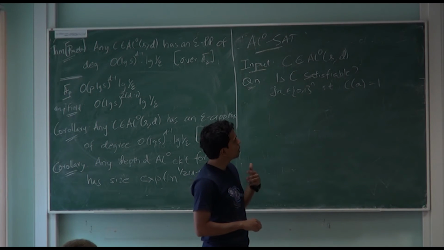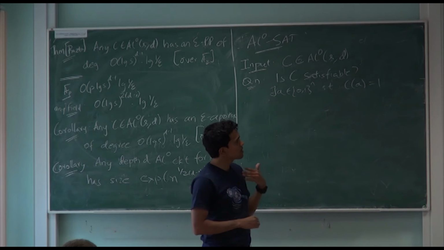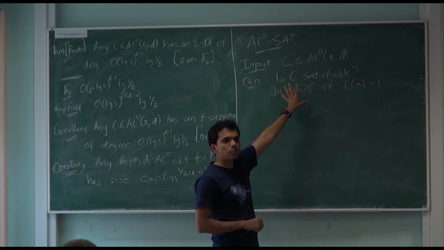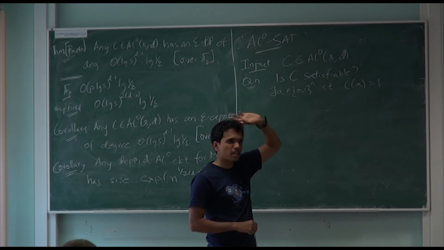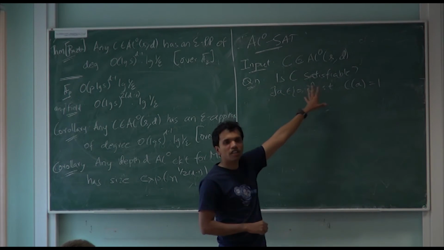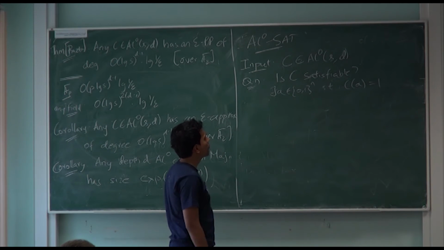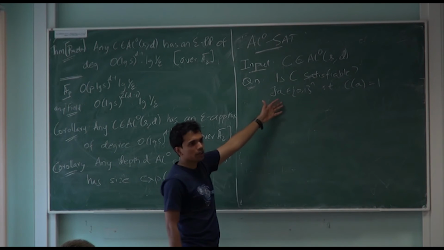More precisely, I think it's reasonably accepted now in the community that this probably does not have any sub-exponential time algorithm. By sub-exponential I mean something like 2 to the little o of n. You have to take at least time 2 to the omega n in order to solve this question.